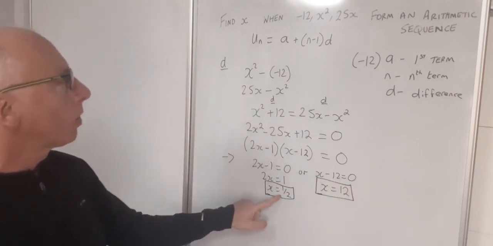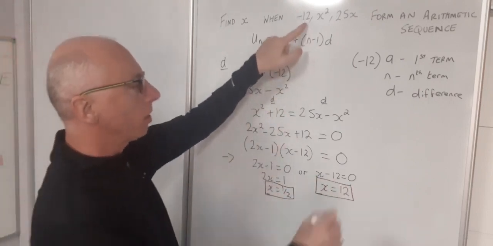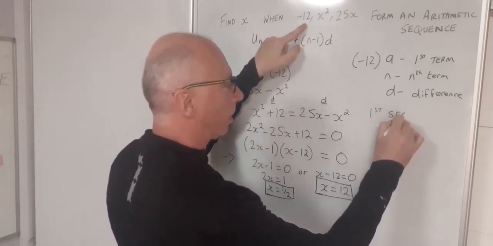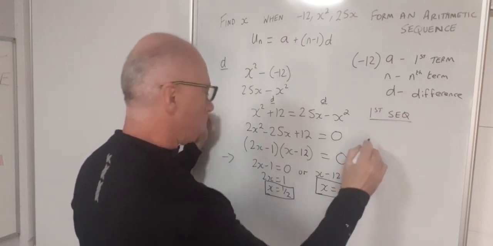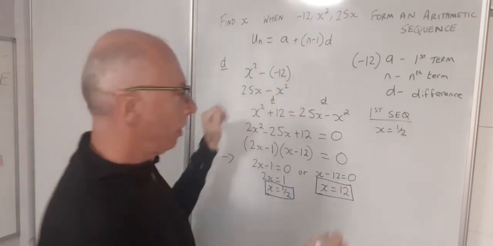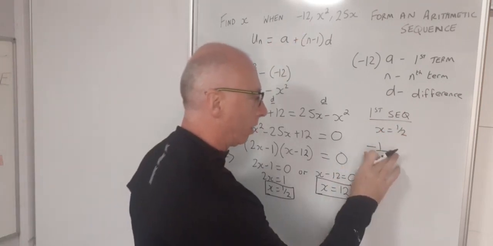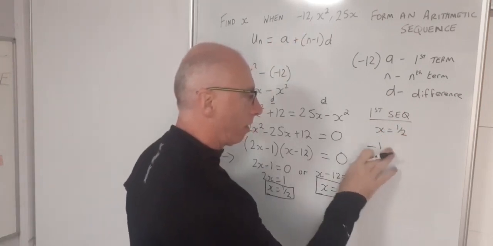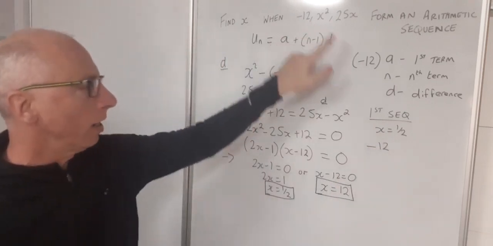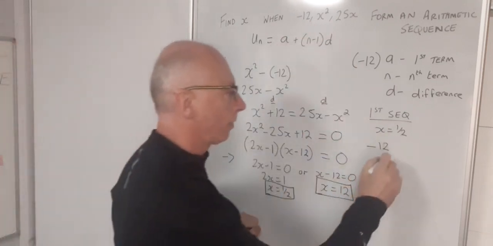So let's try x equals a half. I've got minus 12. And I've got x squared, well, a half squared is a quarter.